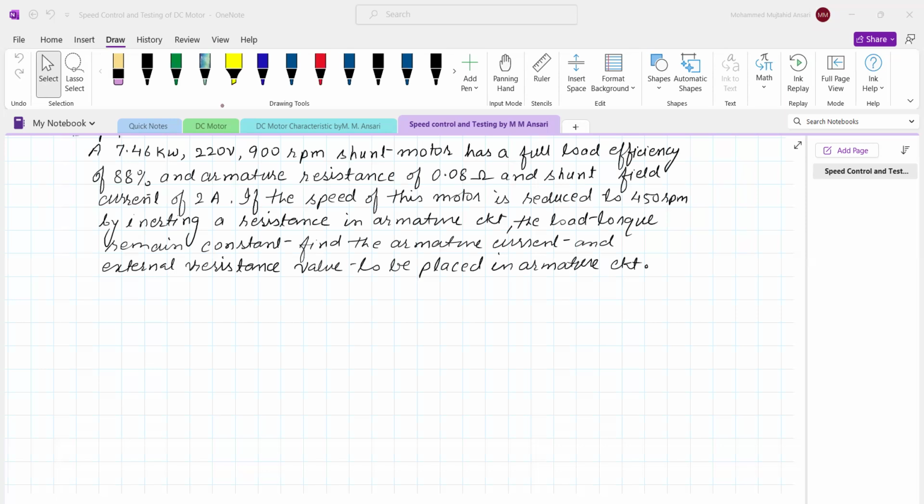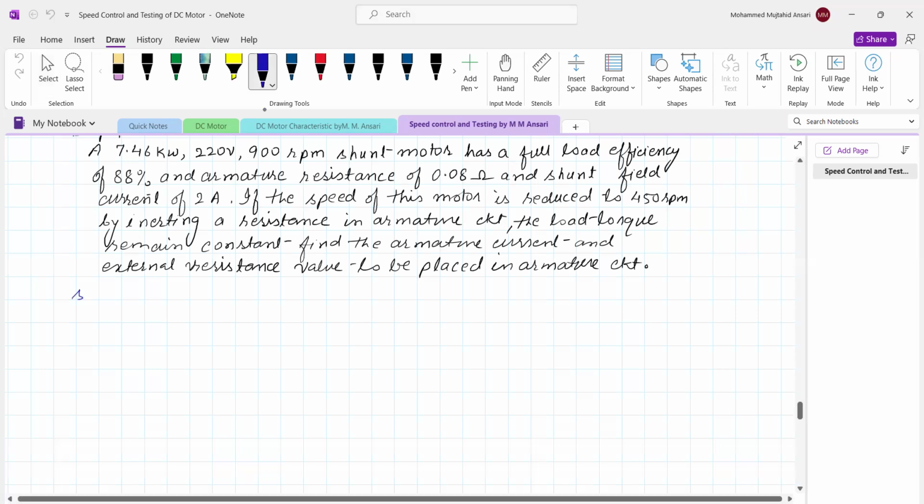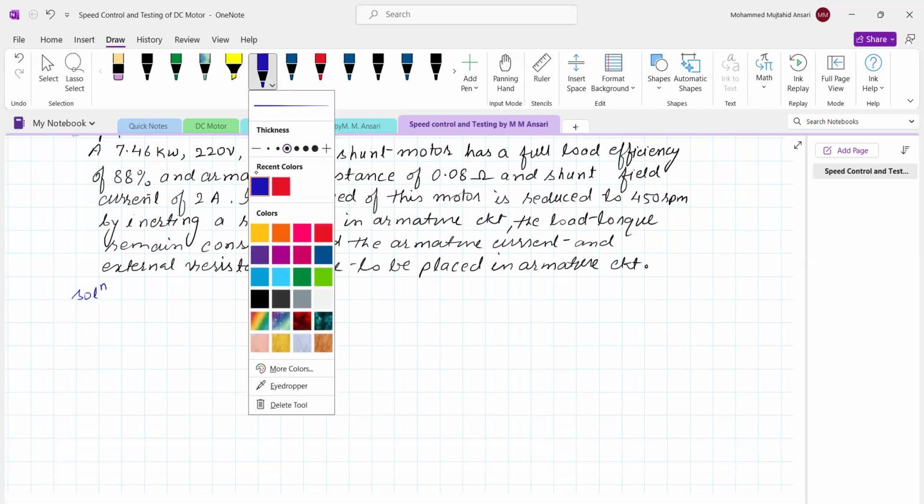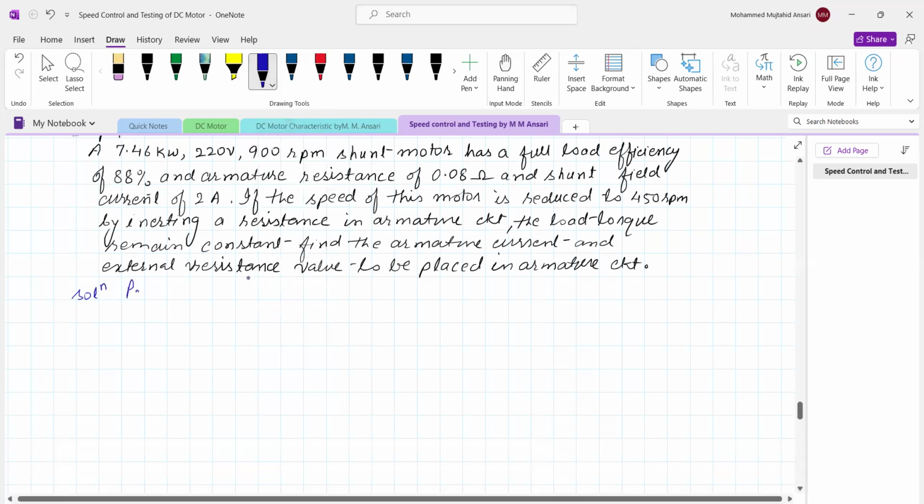So here the given data is the motor rated output, say P output power is equal to 7.46 kilowatt.